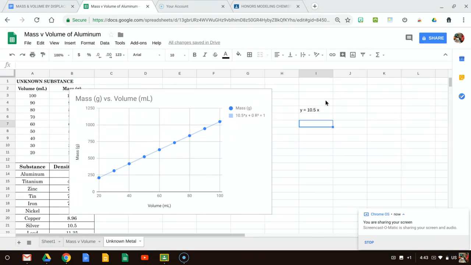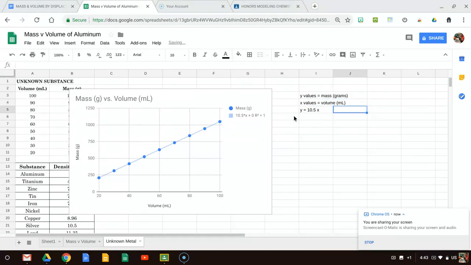And then remember, my y values according to my graph are my mass, equals mass in grams, and my x values are equal to my volume in milliliters.